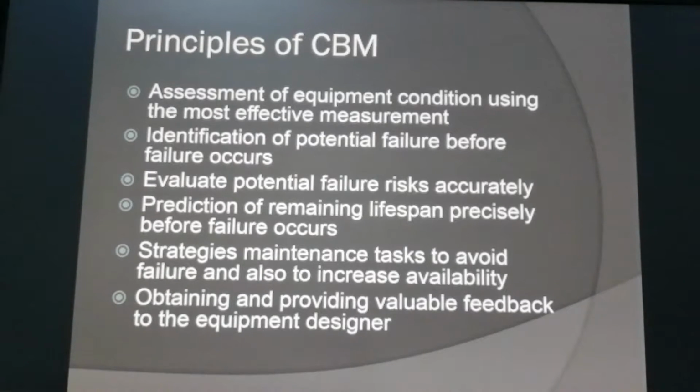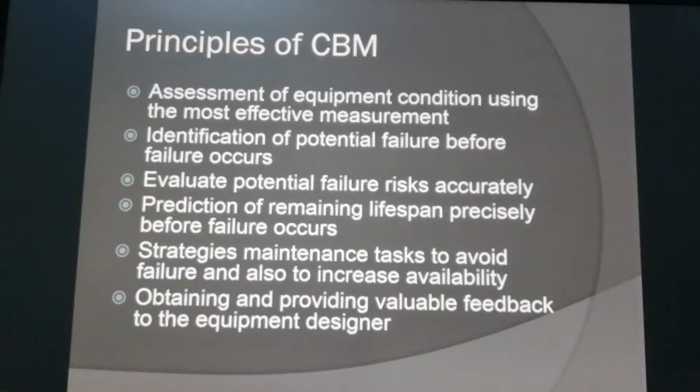Then we look at the principles of CBM. First, assessment of equipment condition using the most effective measurement. Second, identification of potential failure before failure occurs. Next, evaluate potential failure risk accurately. Then, prediction of remaining lifespan precisely before failure occurs.